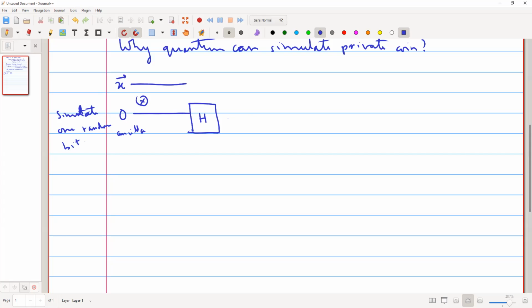Then remember I said you're generating uniformly random bits, right? I want to simulate one uniformly random bit by attaching only ancilla initialized to 0. So I have put in one ancilla initialized to 0. I pass it through a gate which is a unitary transformation called the Hadamard gate.